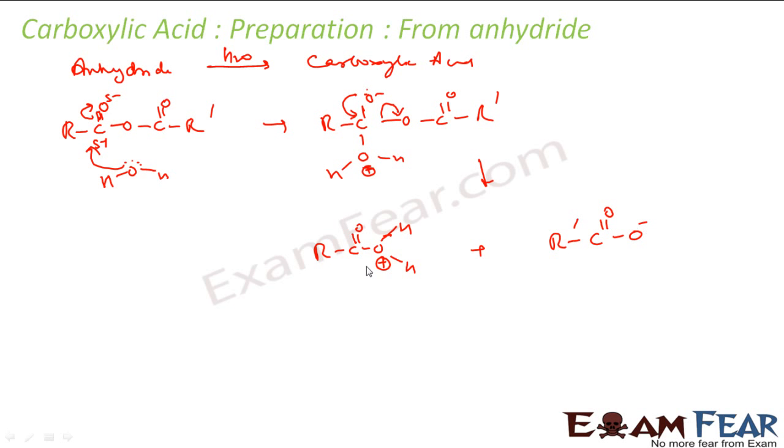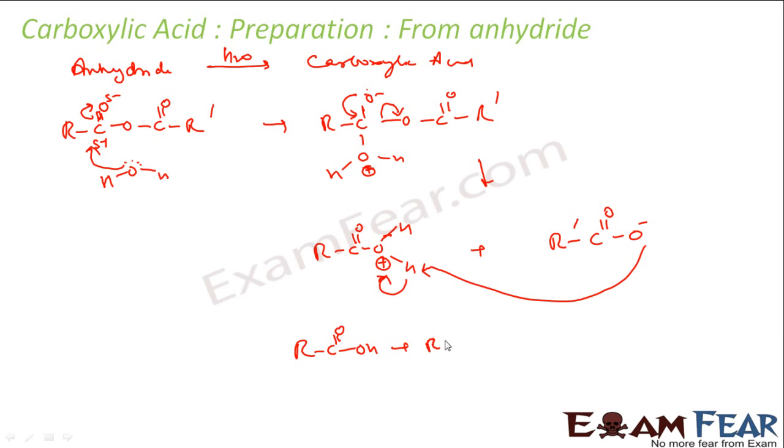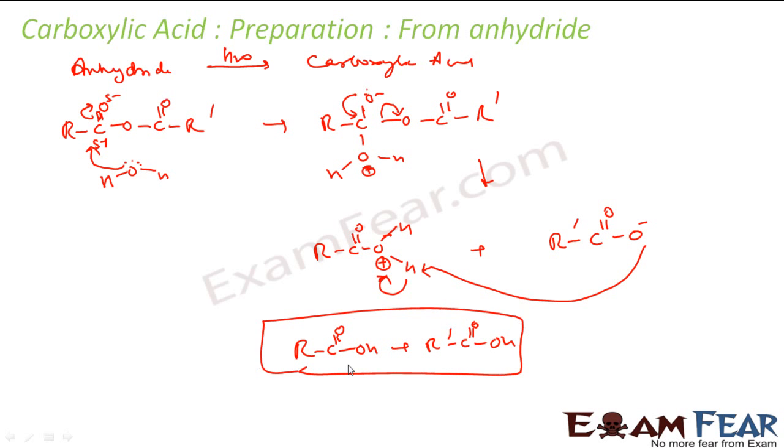Now here, if you see, this oxygen wants to get rid of this hydrogen as a positive charge, because oxygen is an electronegative element and doesn't want a positive charge, and this negative oxygen wants an H plus. So this bond will break and this H plus will go to that oxygen. So you get RCOOH and R dash COOH. This is what you will get.